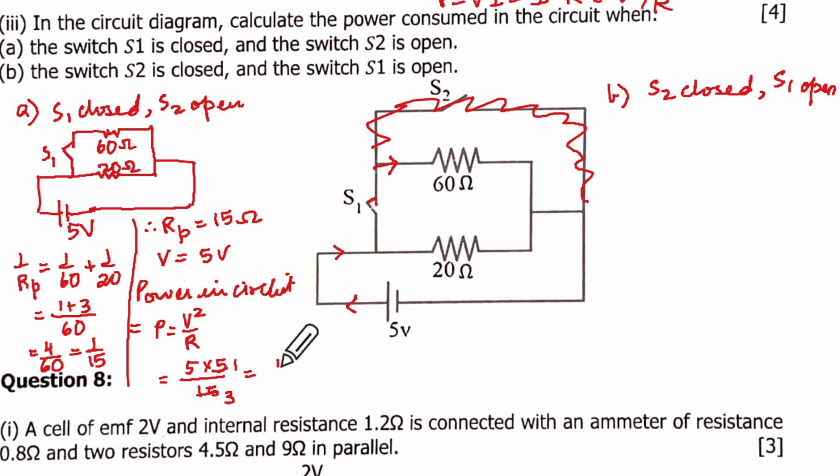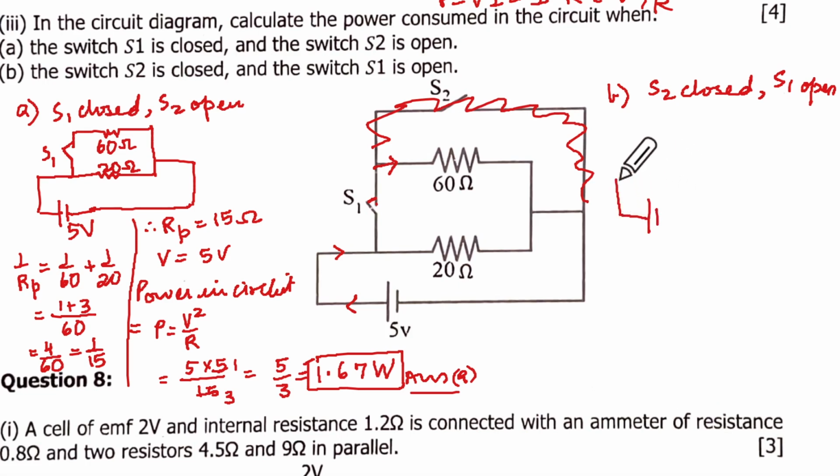How much is that? 3 ones and 3 sixes, 18. So 1.67 watt. So this would be our answer A. Now they are telling you that if S2 is closed and S1 is open, then in that case, what would happen? I will have this as a 20 ohm and it will be this way.